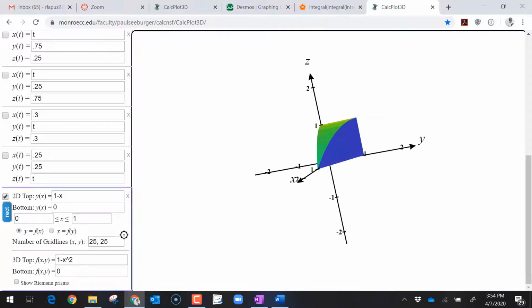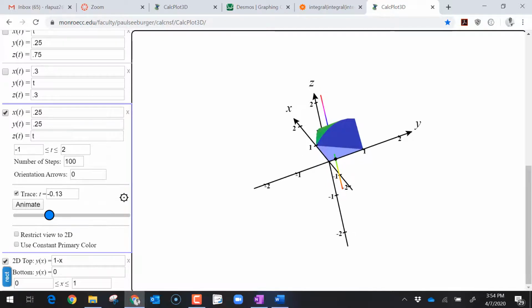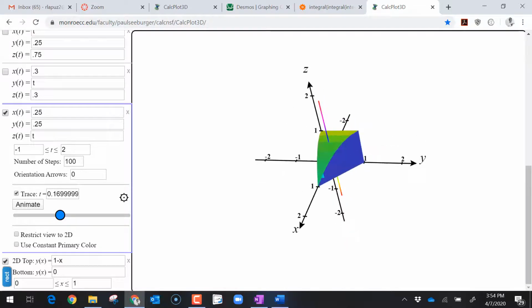We could draw a line parallel to the z-axis, and then we can see it go in. If we draw that line, we're going to see it going into the region down at the bottom when z is equal to 0. And then it's going to be inside of the region until we get out at this graph over here, and then we're out of that graph.